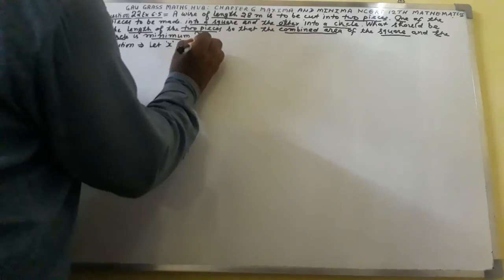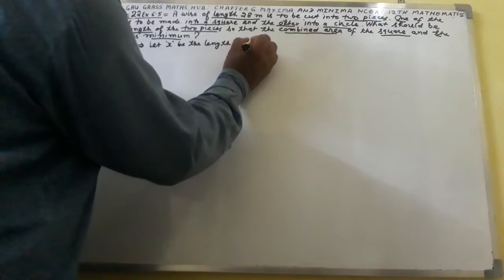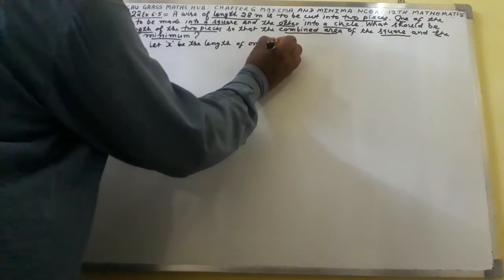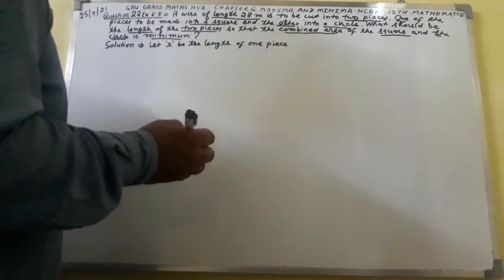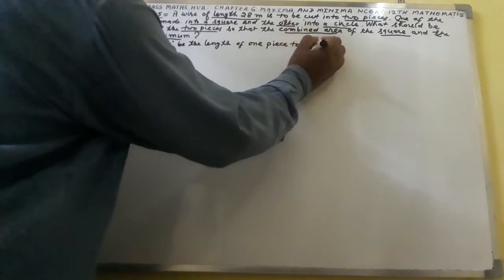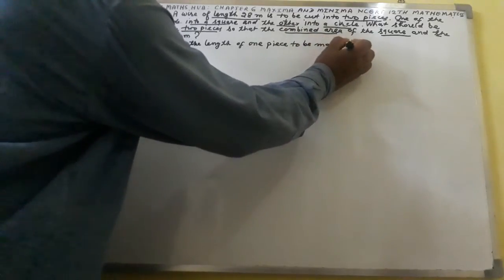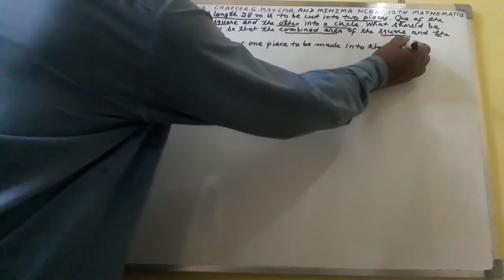Now here I shall write, let x be the length of one piece to be made into the circle.